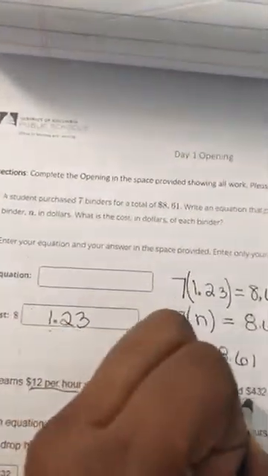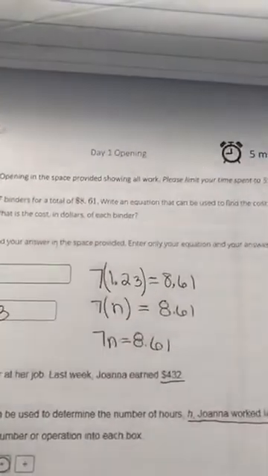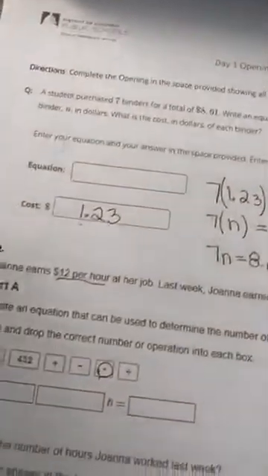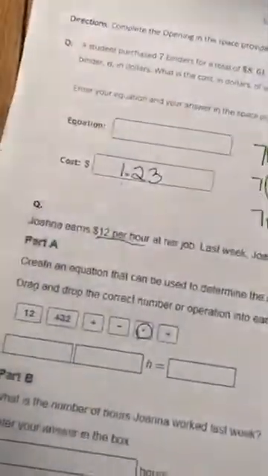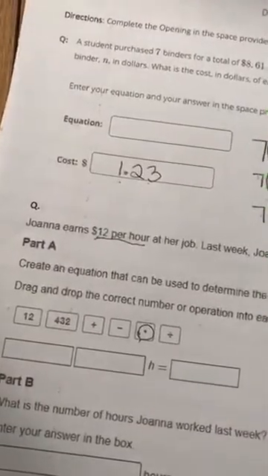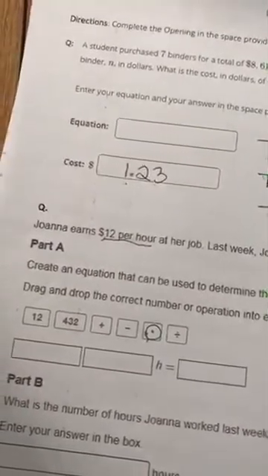She made $432. And H is the number of hours she worked last week. Okay, so let's just break this on down. 432 divided by H equals 12.